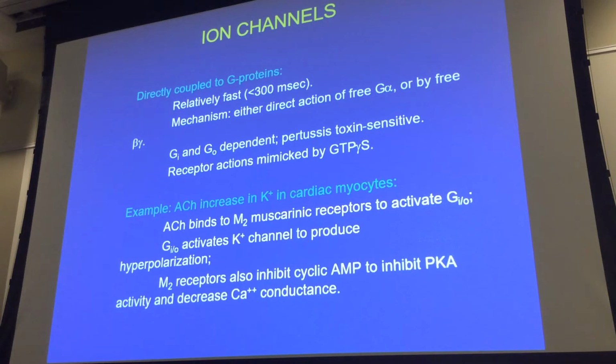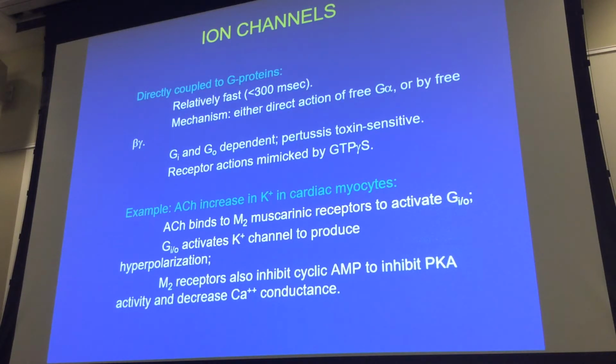Now let's talk about the other type of ion channel, which is those that are directly coupled to G proteins. And these would be primarily the potassium channels, or the inhibitory channels. So in this case, you're not doing all of these steps, okay? There's no cyclic AMP involved, there's no PKA, there's no phosphorylation.